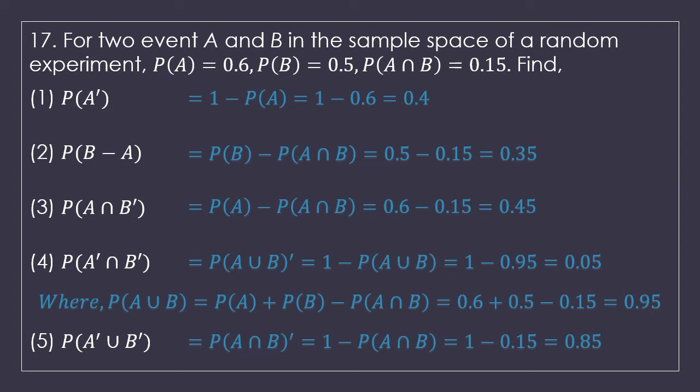If we have (A union B) whole dash, it becomes 1 minus P(A union B). If we have (A intersection B) whole dash, it becomes 1 minus P(A intersection B). The most important point here is that you need to remember those forms which I just mentioned. In case you have not, just refer back to that video and you will know which forms they were.